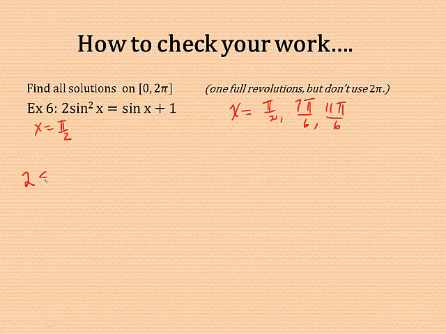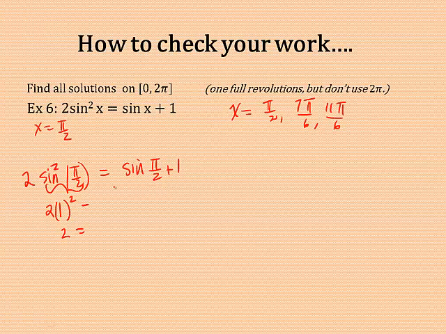So 2 times sine squared of pi over 2 equals sine of pi over 2 plus 1. All right, so sine squared of pi over 2. Well, we got to figure out what is the sine of pi over 2. Well, that's 1. Square it, you still have 1. 1 times 2 is 2, right? Over here, what's the sine of pi over 2 plus 1? Well, sine of pi over 2 is 1 plus 1. So this one works. All is good.